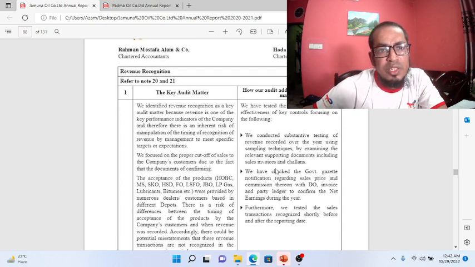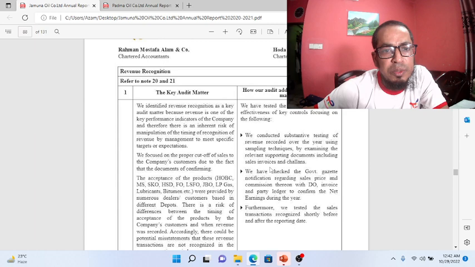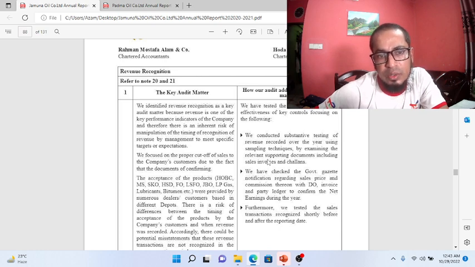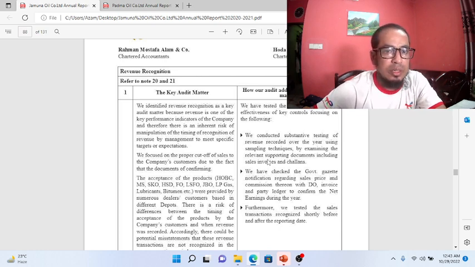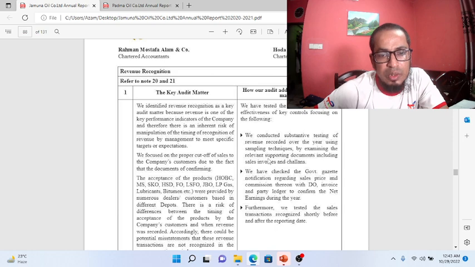Dear viewers or students, key audit matter is obligatory for listed companies according to ISA 700. So you should be careful whether you are dealing with a publicly listed company in Bangladesh or any European country; it must have a key audit matter under ISA 701.